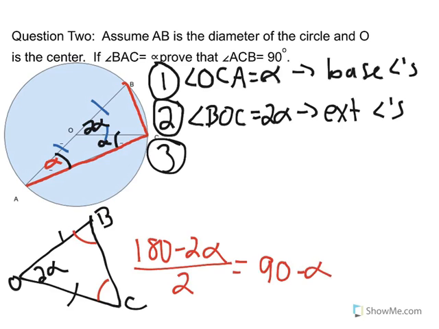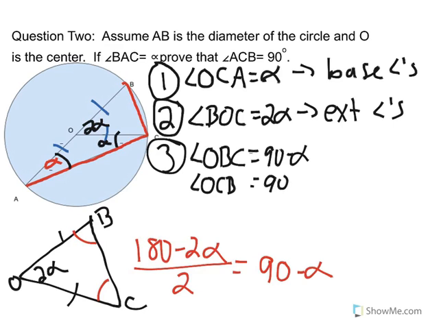So it will become 90 minus alpha. So I know that angle OBC is equal to 90 minus alpha, and also angle OCB is equal to 90 minus alpha. And I was able to find that by the triangle sum and base angles together.